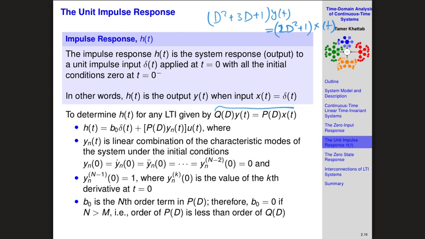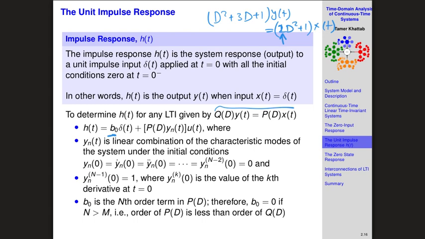What is b of 0? b of 0 is this coefficient, the coefficient of the highest derivative of x if n and m are equal.